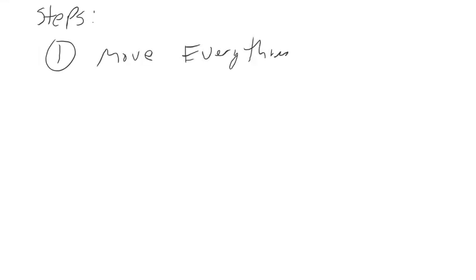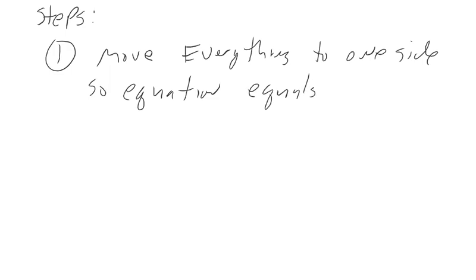So 7.1, how do we solve quadratics? Here are the steps I've come up with. Step 1: move everything to one side, so the equation equals 0. That's the key.